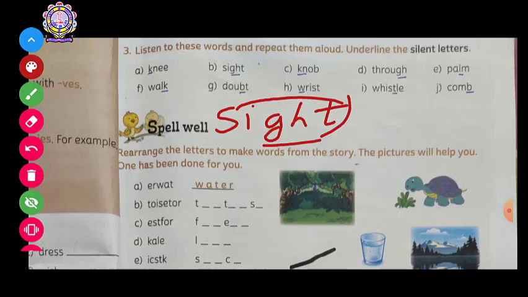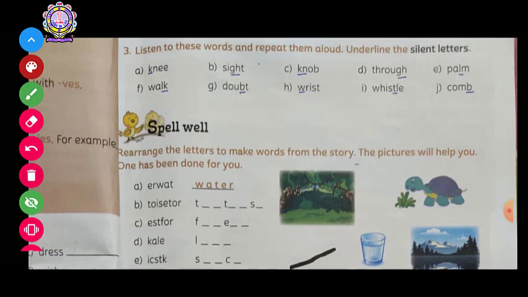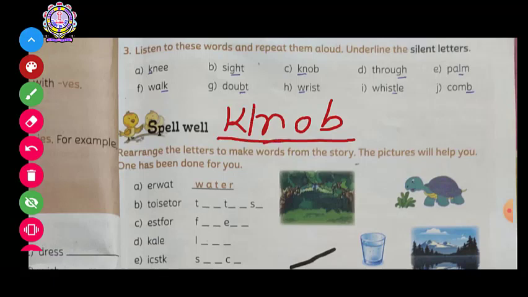But the spelling is SIGHT. Next, knob. The pronunciation is NOB, but the spelling is KNOB. That means your K is silent. Isn't it? Are you getting my point?